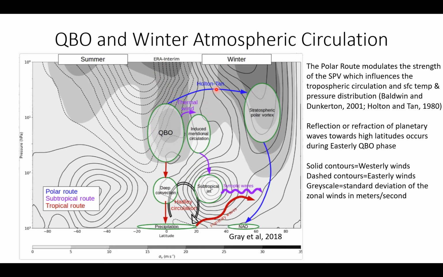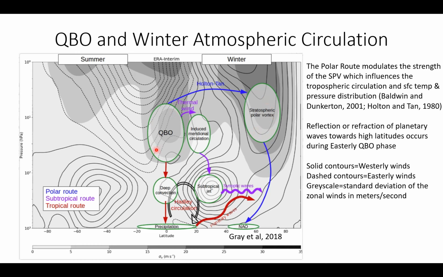Holton and Tan back in 1980 as well as 1982 discovered some interesting things, as well as Baldwin and Dunkerton in 2001. They discovered this polar route when you have this QBO in a negative easterly phase. This polar route of the QBO, where it's seeing energy transferred, it modulates the strength of the stratospheric polar vortex via wave breaking action from the troposphere to the stratosphere.